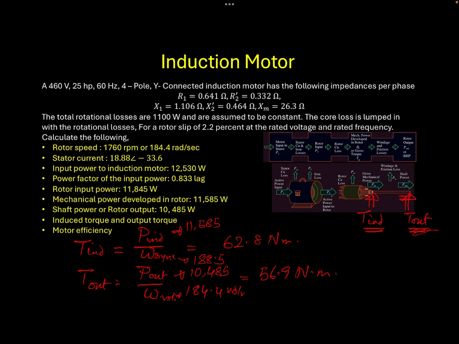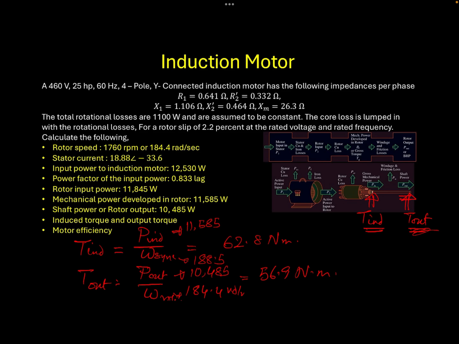And if you wanted to know the efficiency of the motor, it is power output upon power input. The output power that we ultimately got is 10,485 watts, whereas the input that we gave to the stator is 12,530 watts.